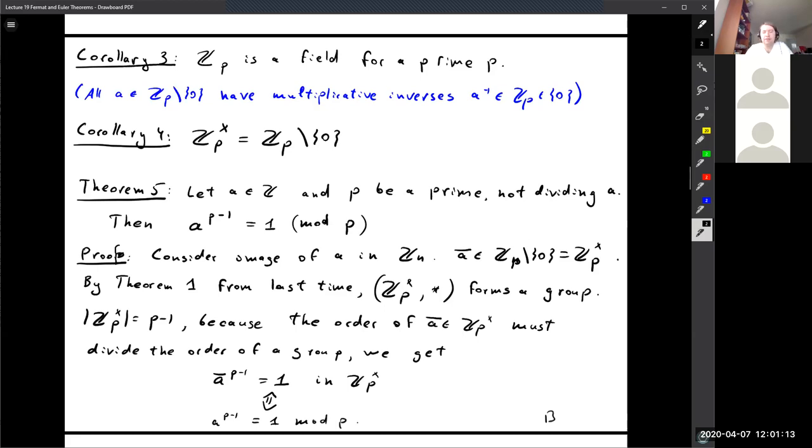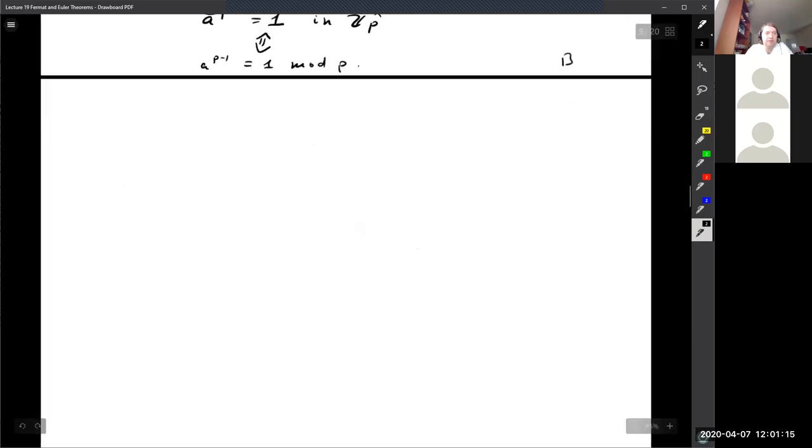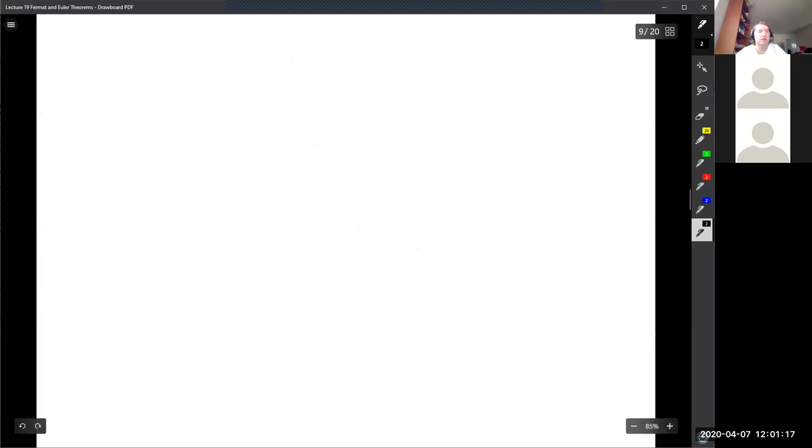Now, corollary of this theorem 5. Corollary 5, and that's Fermat's little theorem.